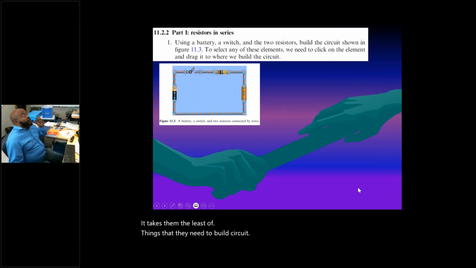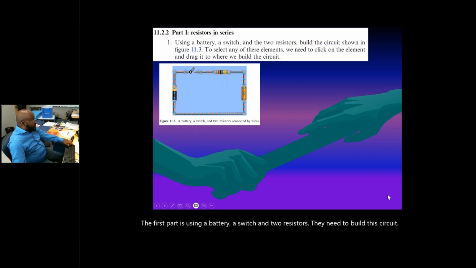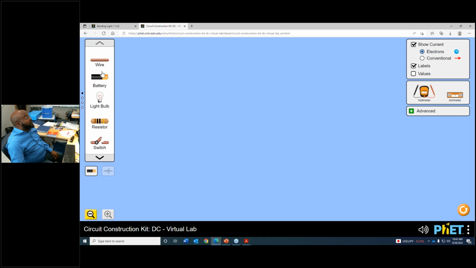So the first part is using a battery, a switch, and two resistors. They need to build this circuit. All they need is to just follow the instruction.